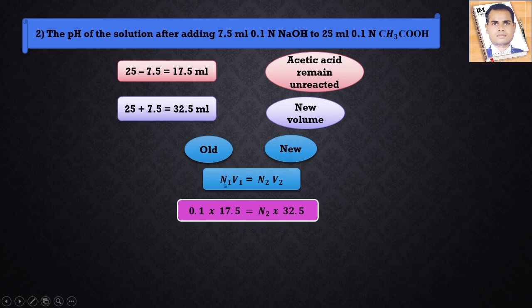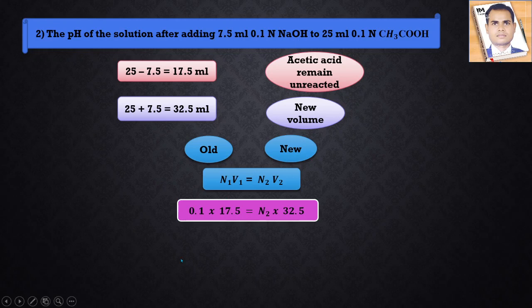The old concentration is 0.1 normal, and we have to find the new concentration, the normality. The old volume is 17.5 ml for the acetic acid, so this side is for the acetic acid, N2 and V2.